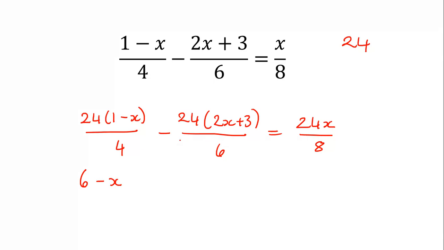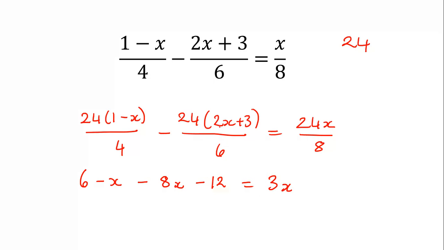Now I'm going to treat this as a negative 24, so I've got negative 24 divided by 6, which is 4. So I'm going to multiply everything by 4, so it's going to be negative 4 lots of 2x, so negative 8x. And then negative 4 times 3, negative 12 equals 3x.